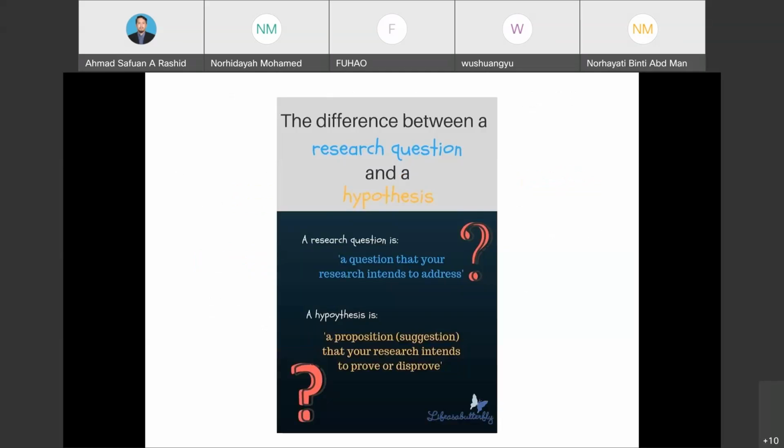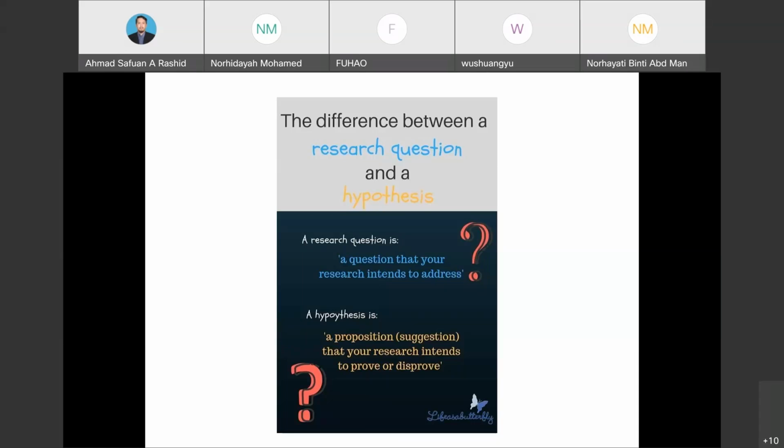So now we move on to the research question and hypothesis. A research question is a question that your research intends to address. While the hypothesis is a suggestion or proposition that your research intends to prove or disprove. So it is slightly different.